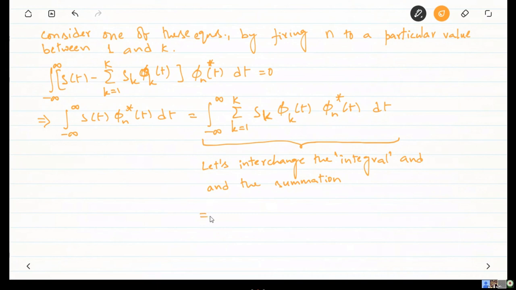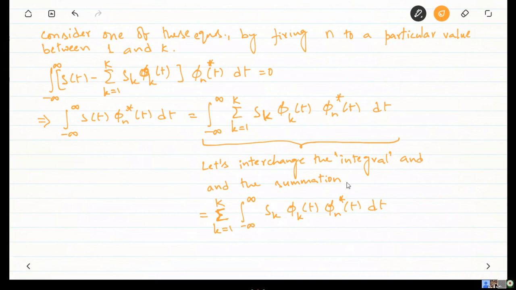So what happens is the sum over k equal to 1 to capital K, of the integral from minus infinity to plus infinity of Sk phi k of t phi n star of t dt.